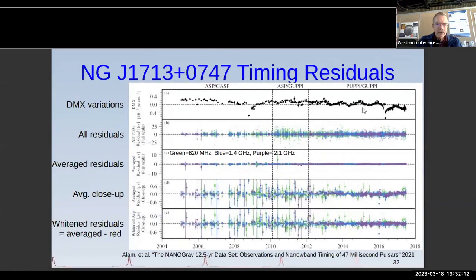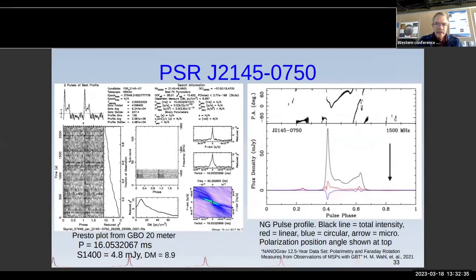So this is a different pulsar, a different direction, so the dispersion measure variance will look different. These residuals in this case are flat. The averaged ones are flat, and even after you subtract out your red noise model, it's still flat. There's no strong indicator of red noise on this one, and the same on this one.